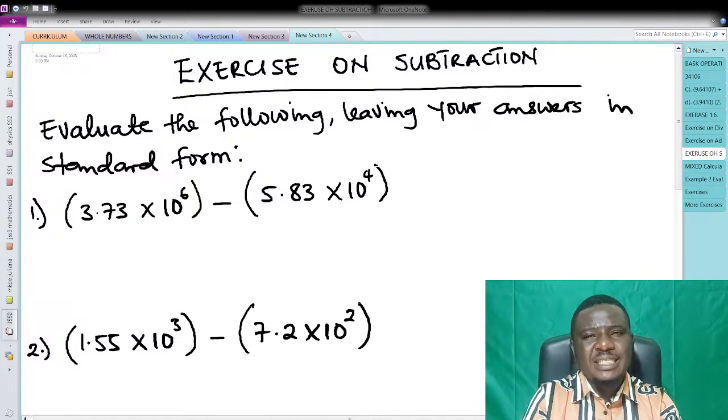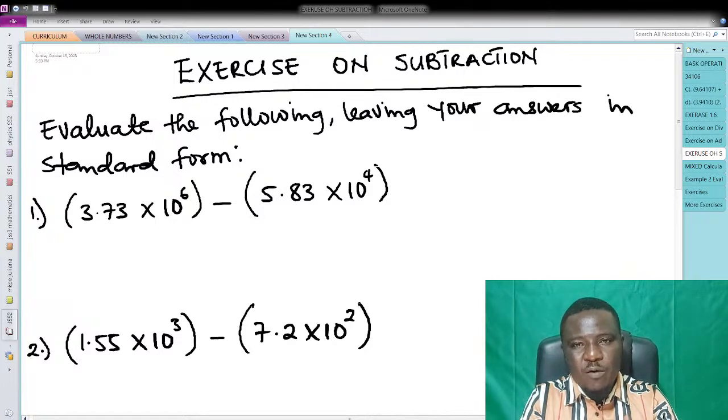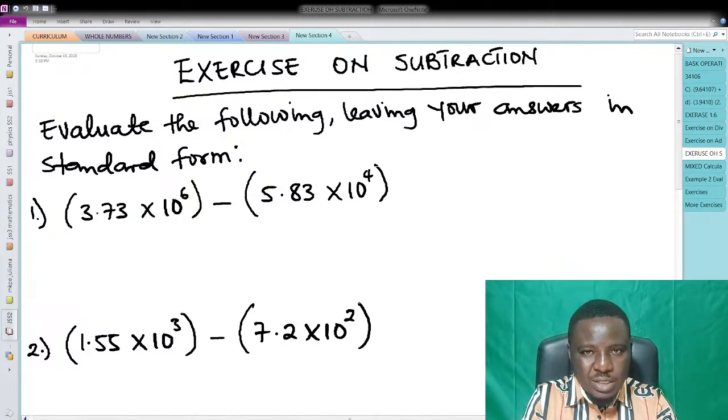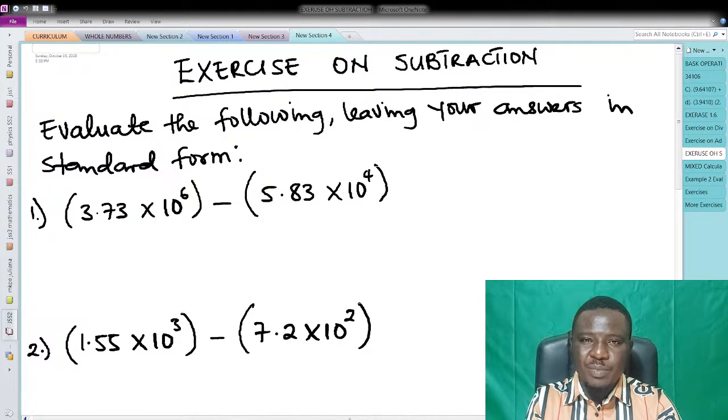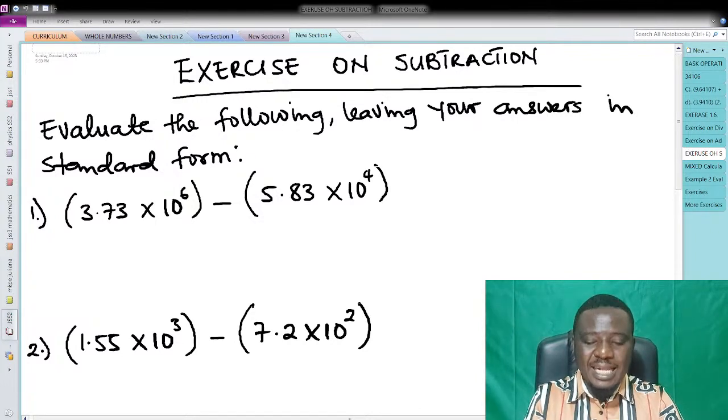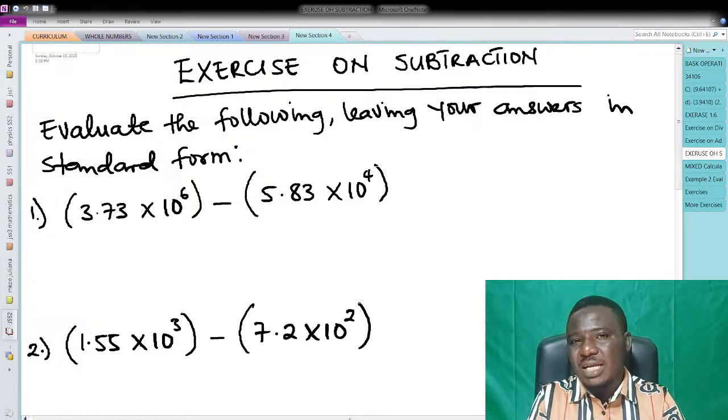But 10 raised to the power of 6 is not common, because you can't get 10 raised to the power of 6 from 10 raised to the power of 4. 10 raised to the power of 4 is 10,000, while 10 raised to the power of 6 is a million. So 10,000 is smaller than a million, and in that case we say 10,000 is common. So you factorize out 10,000.